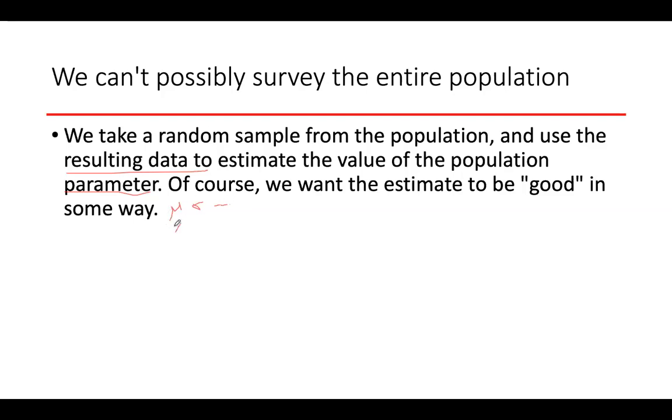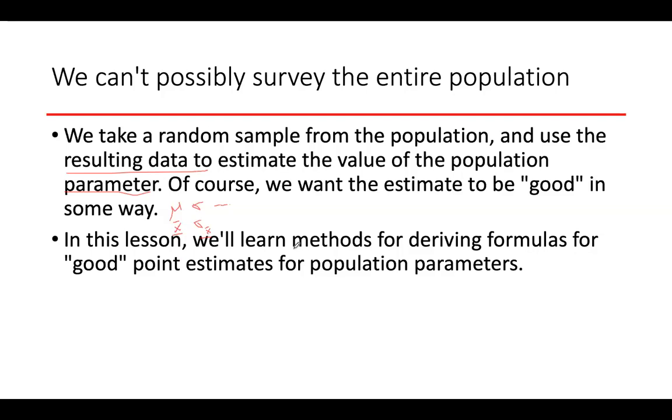We were trying to find the sample mean or the sample standard deviation, right? So these are some estimates, and in this whole chapter 9 we are trying to make good estimates. We will learn how to find good point estimates for population parameters.